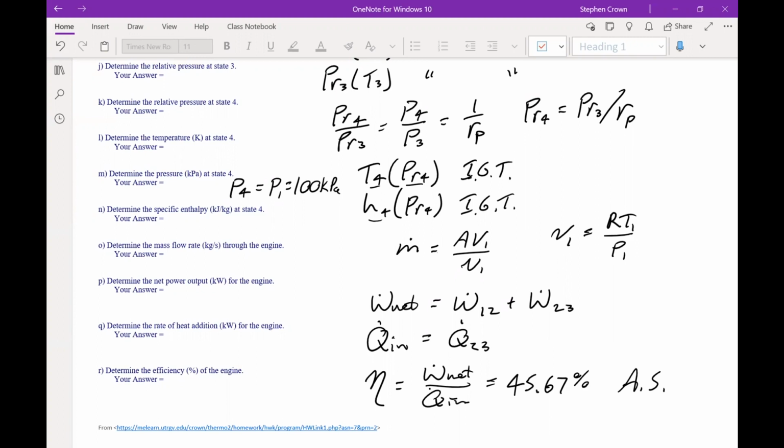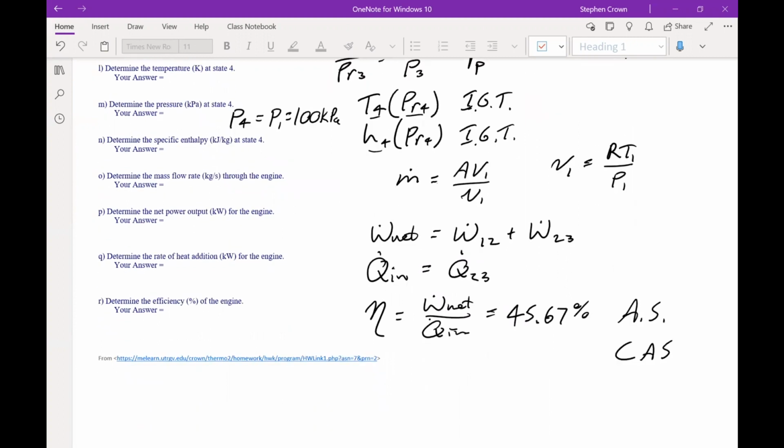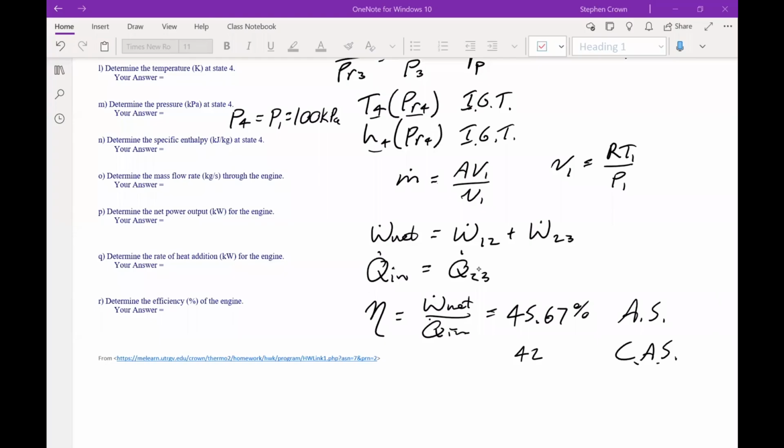And when we did the exact same problem as cold air standard, it was close, but it was 48.2%. So they're very close, a little bit lower for the air standard. So the more accurate one would be this one, but the cold air standard is a little faster and also doesn't require tables.